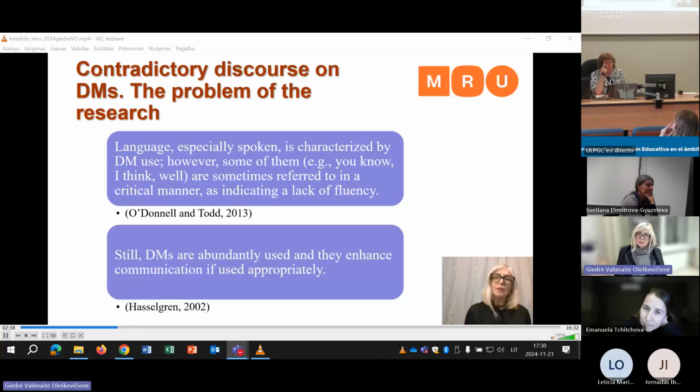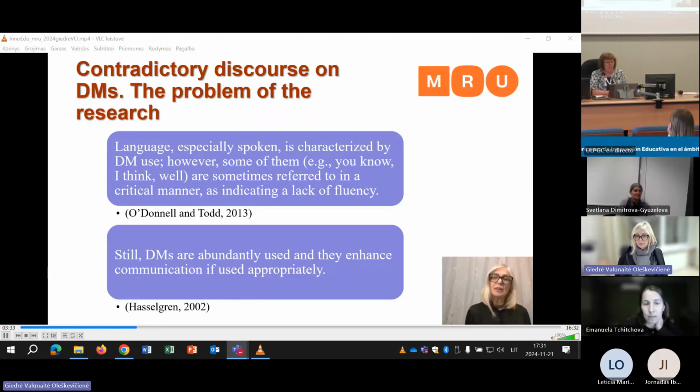The contradictory ideas on discourse markers in a way define the problem of the research. On one hand, language, especially spoken, is characterized by discourse marker use. However, some of them, like I think, well, are sometimes referred to in a critical manner as indicating lack of fluency.